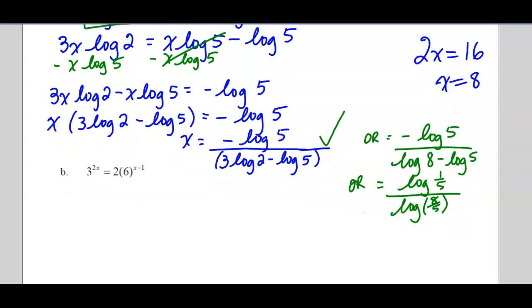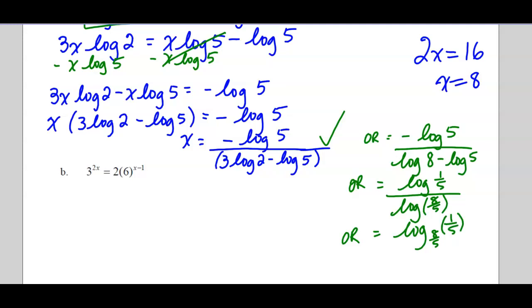I could also factor a negative in the bottom, cancel with negative, that's nice. Yeah, you could. You could also use change of base, right? We could change this to 8/5, 1/5. So there's a few different ways, right?